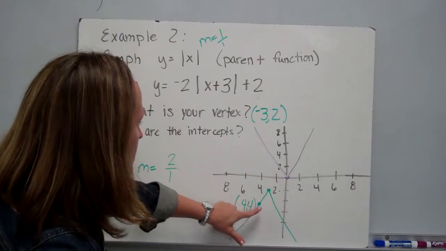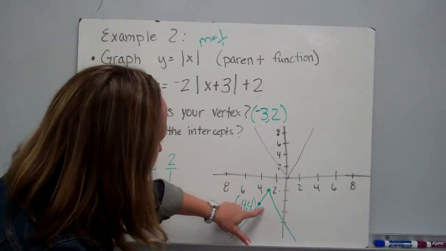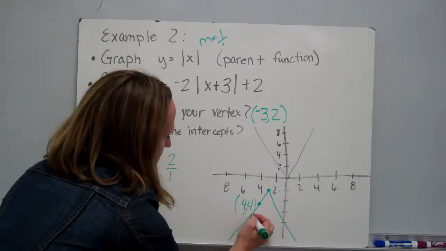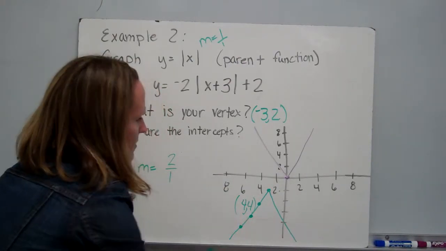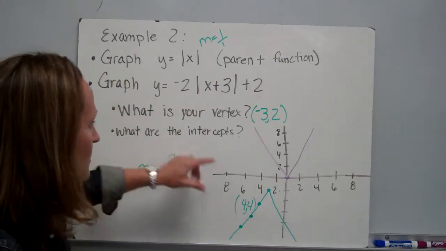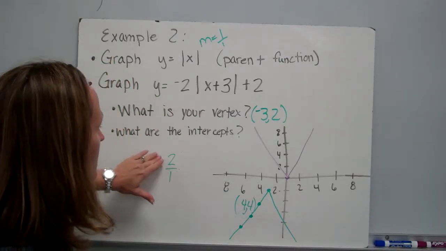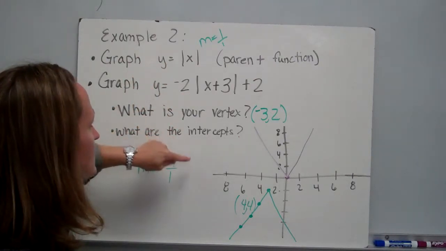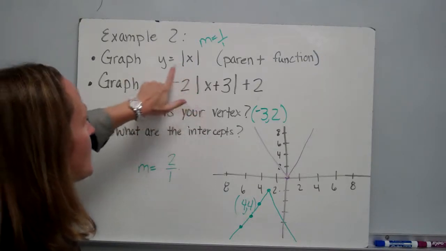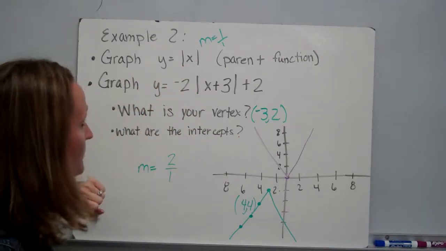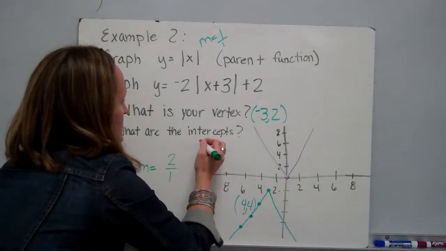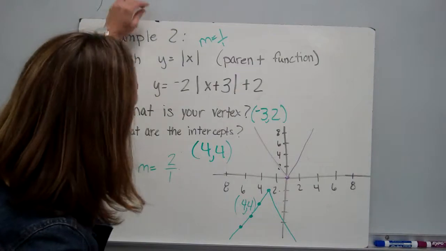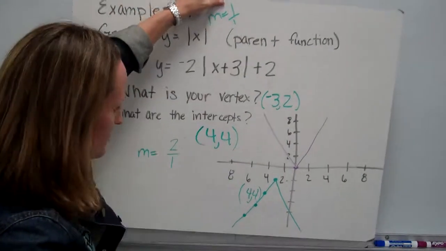And when I went up 2 and over 1, so then if I wanted to hit another point, I would go up another 2, over 1. So all these should be points on here. So for every one, I'm going up 2 and over 1. If I had shrunk this, I would have a slope of 1 over 2. So this number out front gives you your new slope. So what's an intercept here? 4, 4.